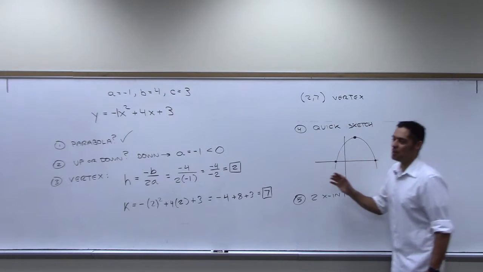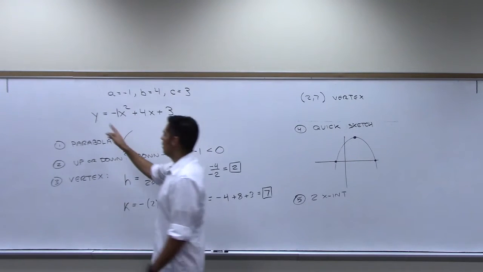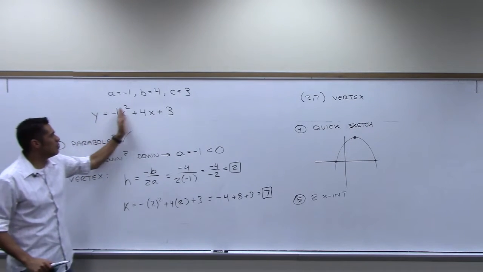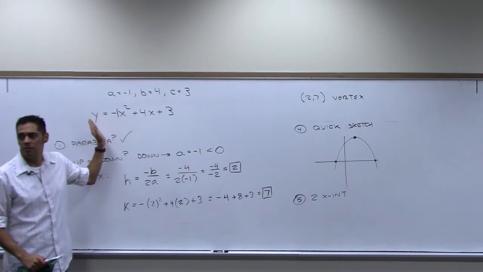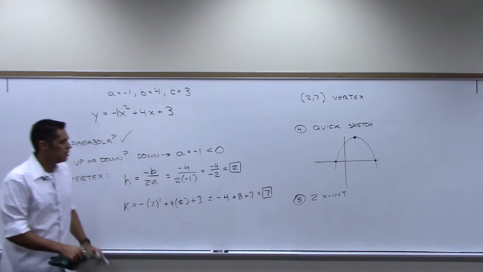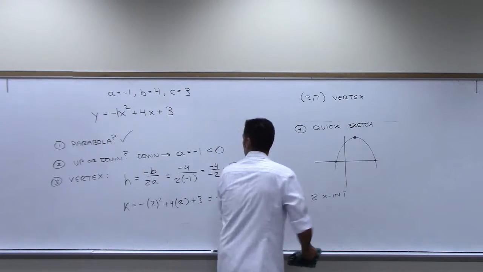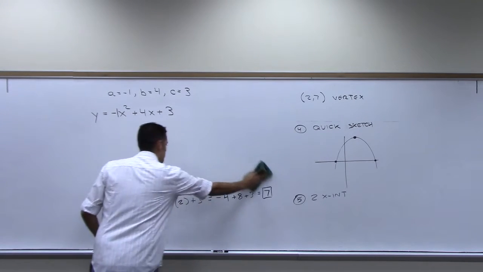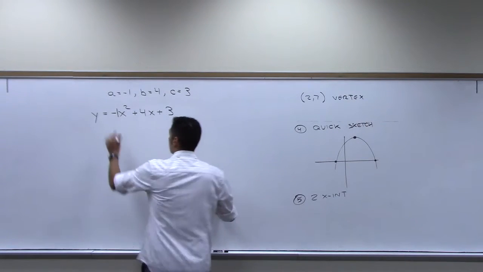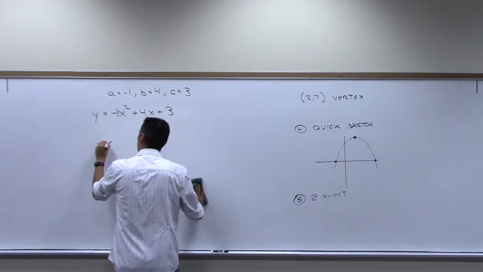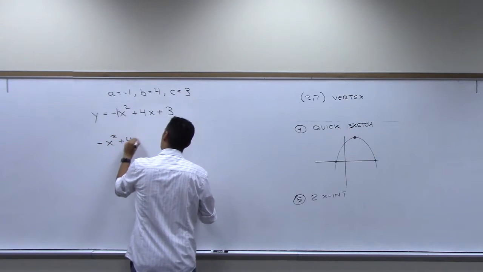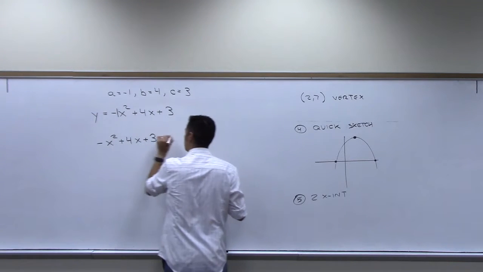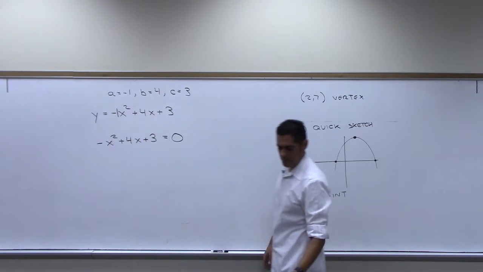Yes, we're going to replace y with 0. Which really means we're setting the original parabola equal to 0. So what I will do is take the original equation and write negative x squared plus 4x plus 3 equals y, but y is 0, so there we go.